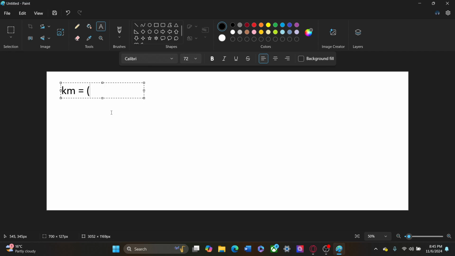We always have our simple inch times 2.54 and bracket. Now we know that we have to divide as we've been dividing for each and every one, right?